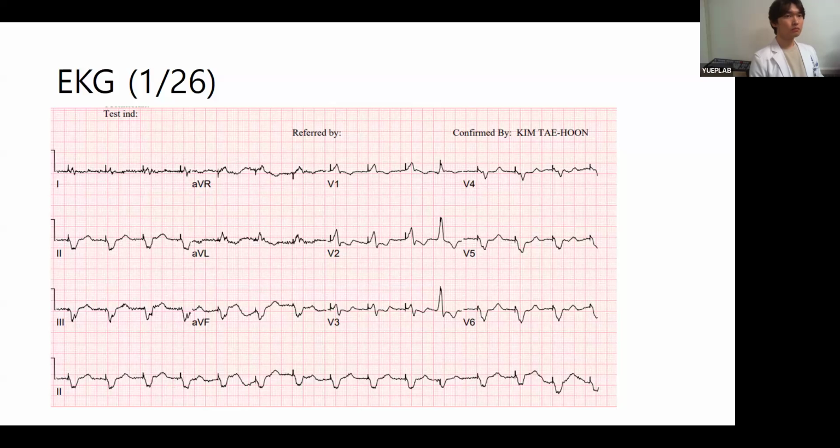Okay, one last question. I'm not interrogating you, but how do you think about the CRT defibrillator in patients with dilated cardiomyopathy? I mean, non-ischemic, right?